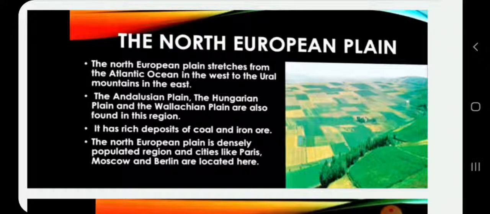It has rich deposits of coal and iron ore. The North European Plain is a densely populated region and cities like Paris, Moscow and Berlin are located here.